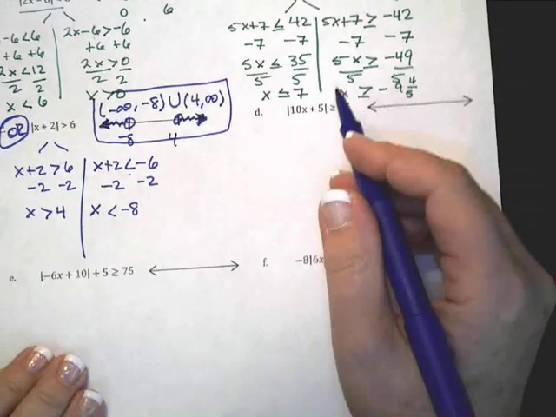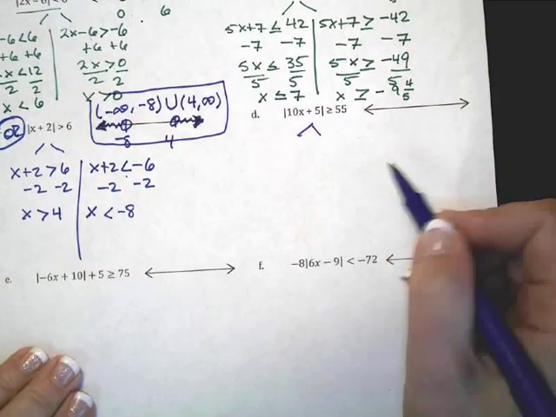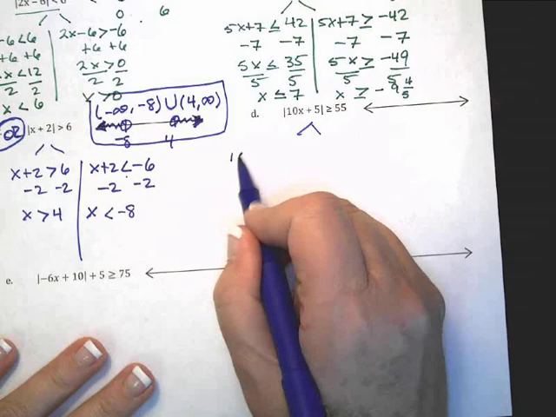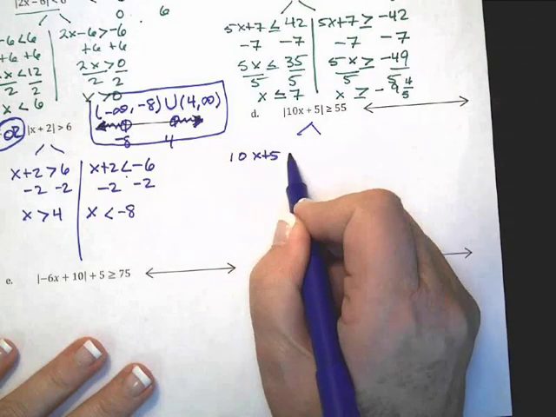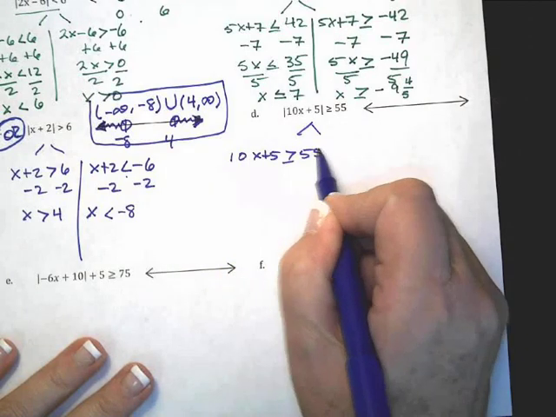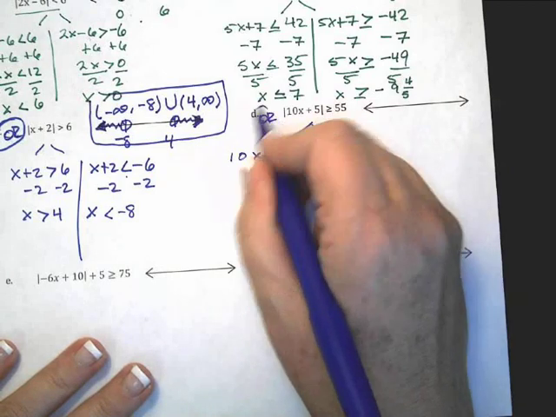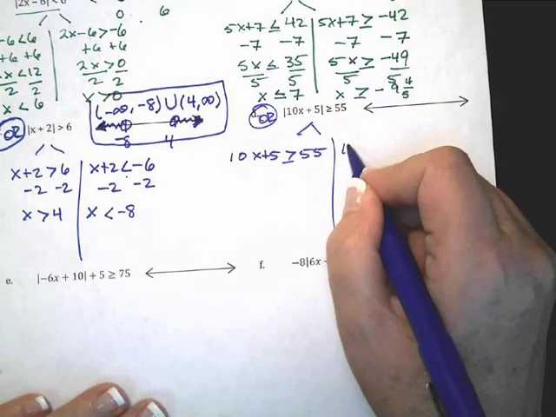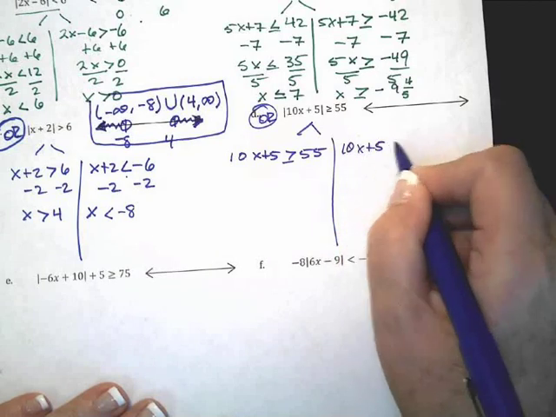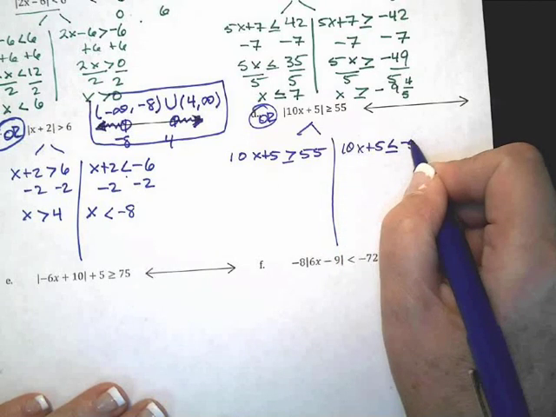Okay, example D. Separate into two inequalities. 10x plus 5 is greater than or equal to 55. This is greater than, so it's another OR. Or 10x plus 5 is less than or equal to negative 55.